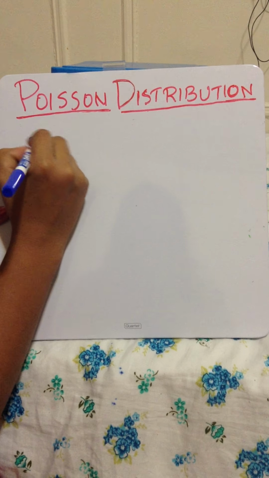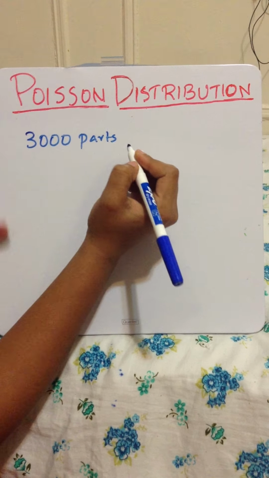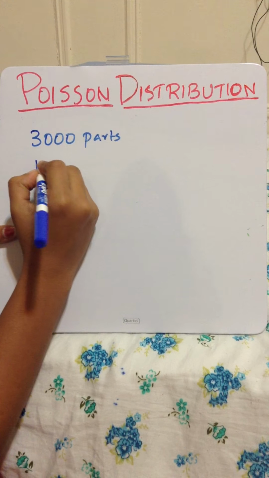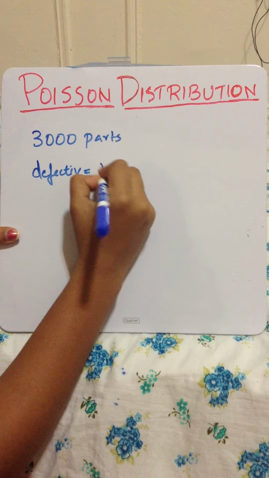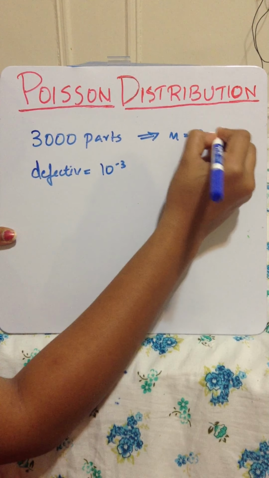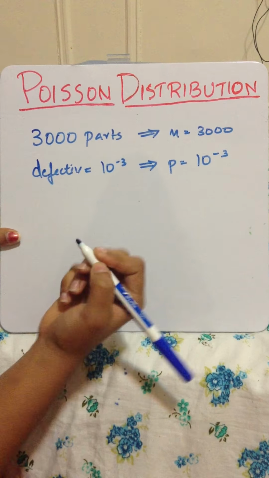Let's consider an order of 3000 parts, of which some may be defective. Let's say the probability that a part is defective is 10 raised to minus 3. So that gives n is equal to 3000 and p is equal to 10 raised to minus 3.